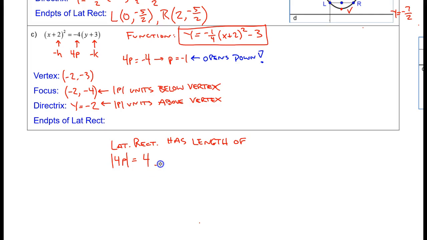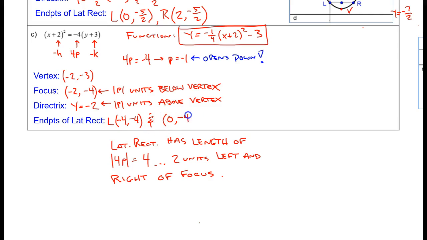So that means we have to go 2 units left and right of the focus. So 2 units left would be at -4, comma -4, and 2 units right would be at 0, comma -4.